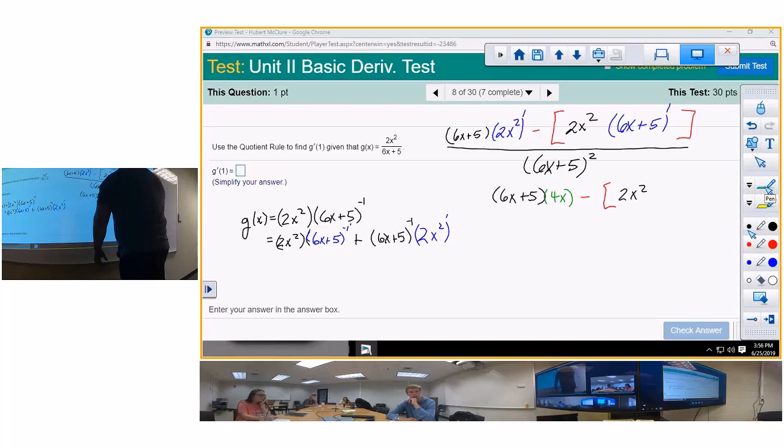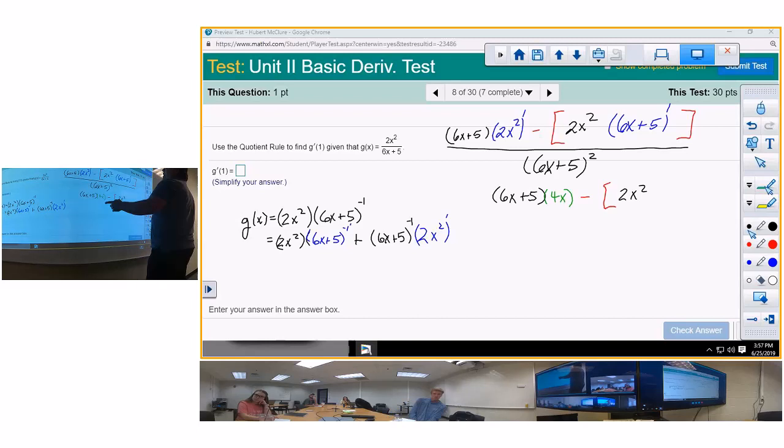And what's the derivative of, well, it's going to be 6x plus 5. You don't have to do the chain rule. You do with the -1, but since this is +1, 1 is the multiplicative identity. So it's really not going to change anything because the derivative of 6x plus 5 is 6.